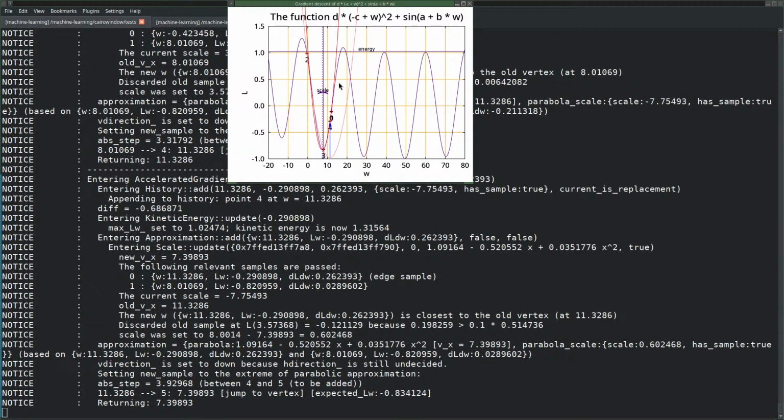This one, for example. It's pretty negative, but compared to what? I mean, that's a diff, it's 0.7, so on this scale it's just huge. Well, this arrow, yeah.